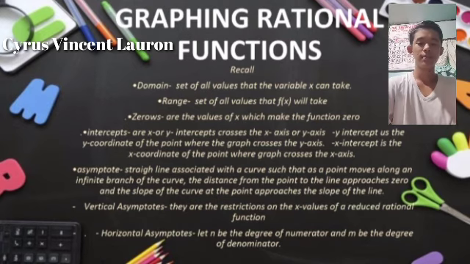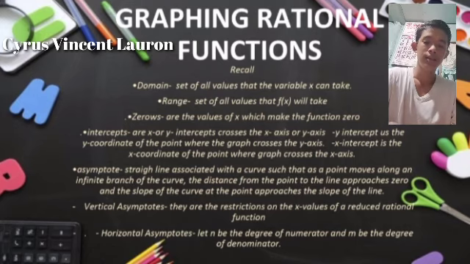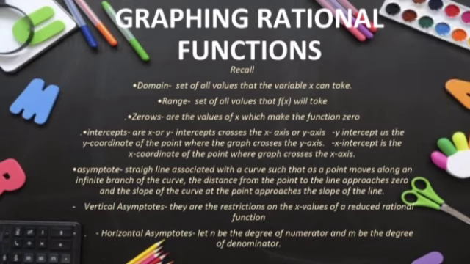An asymptote is a straight line associated with a curve such that as a point moves along an infinite branch of the curve, the distance from the point to the line approaches zero, and the slope of the curve at the point approaches the slope of the line. The vertical asymptotes are the restrictions on the x values of a reduced rational function. And lastly, for the horizontal asymptotes, let n be the degree of the numerator and m be the degree of the denominator.